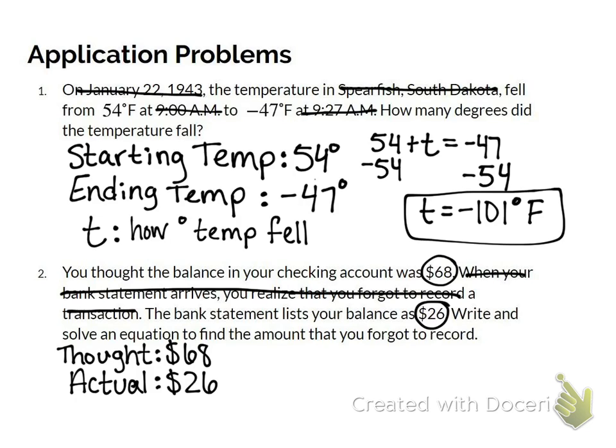Okay, so then what do you want your variable to be? A? Sure. A is going to represent what? Liam? The amount lost or amount forgotten. Good. I like forgotten because we probably didn't really lose it, we just forgot about it.